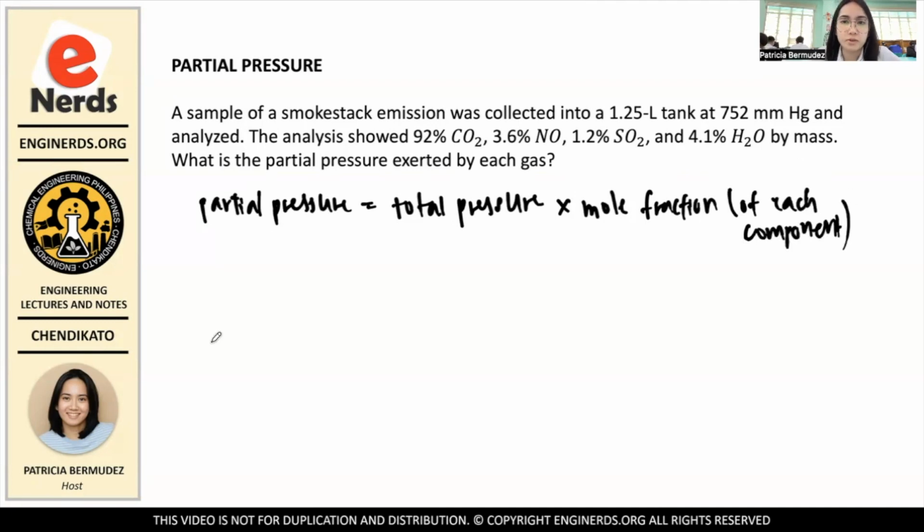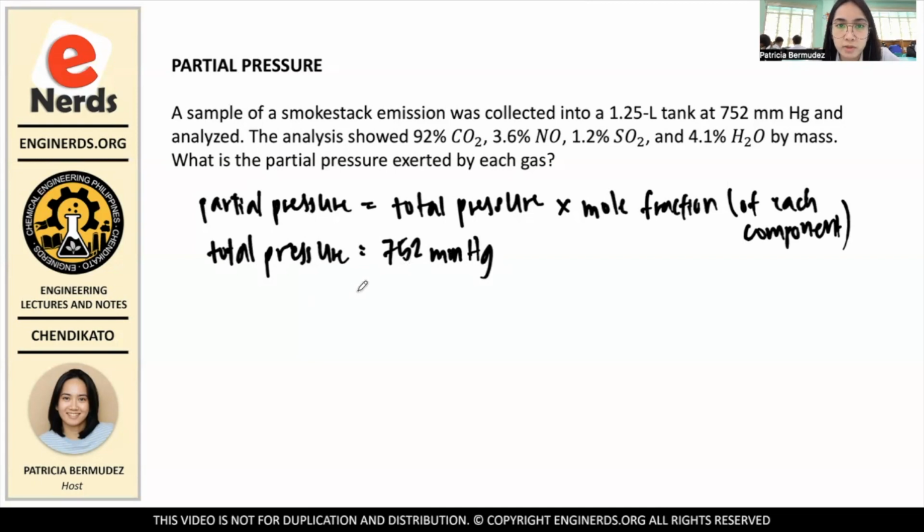Okay, so here we can identify one part of this equation, and that is the total pressure. We know that the total pressure is equal to 752 millimeter mercury.